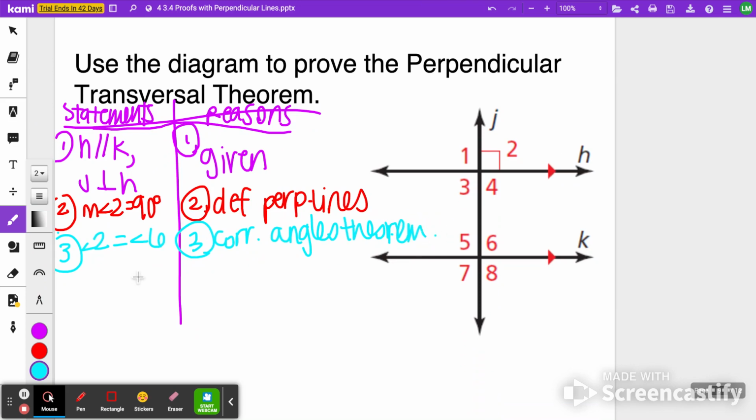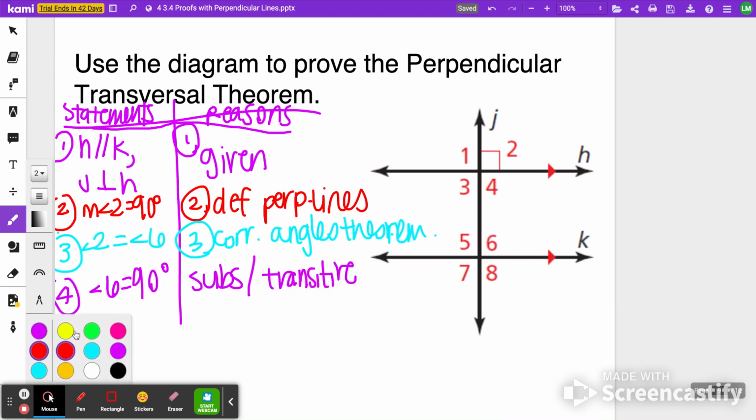Okay. And knowing that, then we can maybe say that angle 6 is equal to 90 degrees, and that would just be using either substitution or the transitive property. So our site is substitution/transitive property.